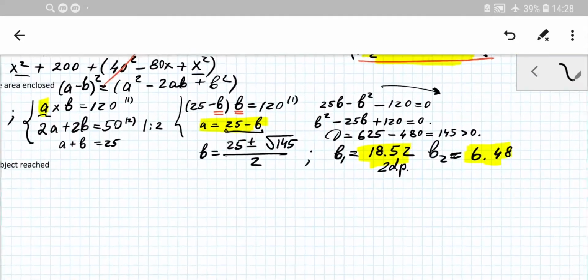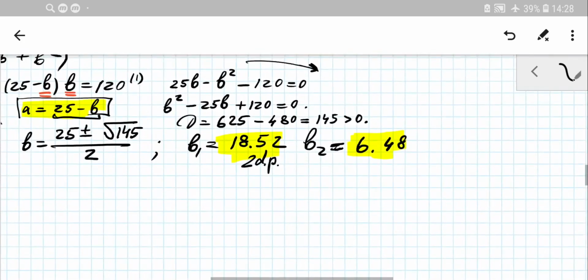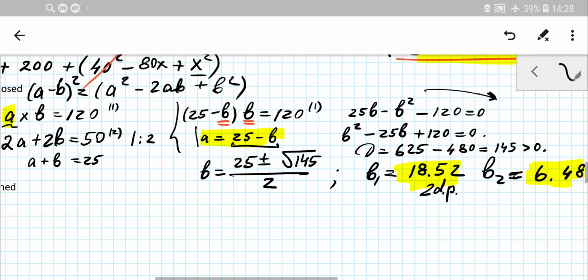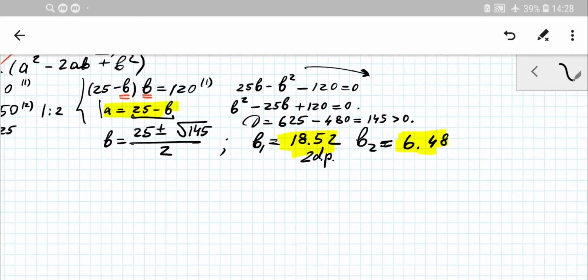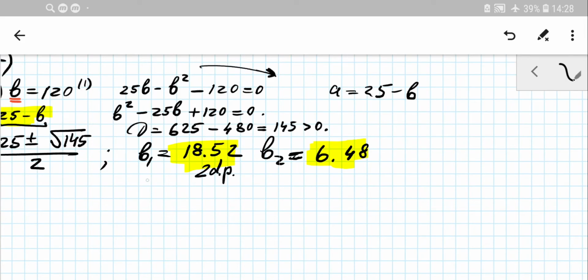Which equation to use? Of course, where you expressed a through b. We know that a is 25 minus b. Now we plug in the first b value, which is 18.52.